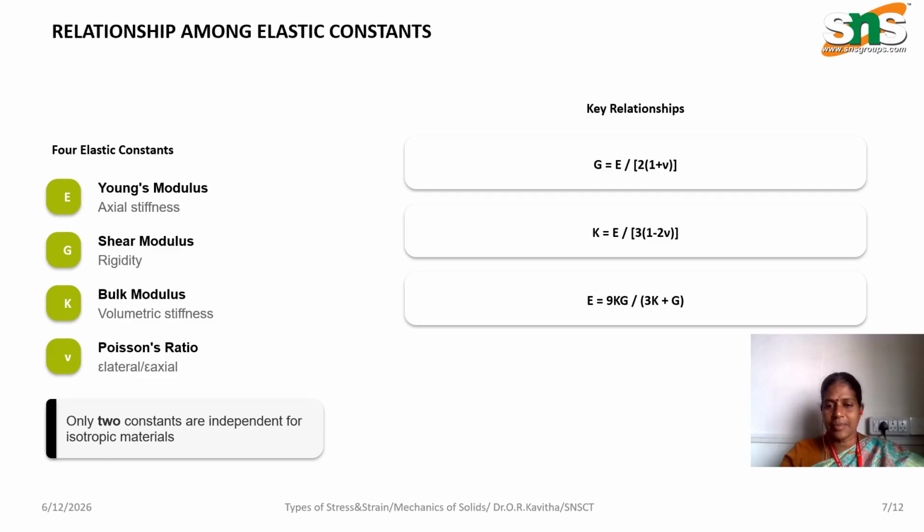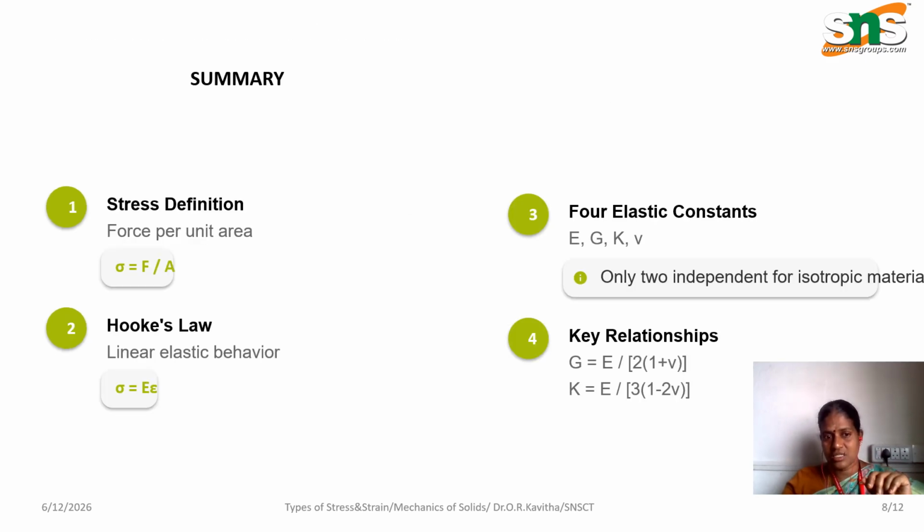And for the bulk modulus and the Young's modulus, the relation will be K equal to E divided by 3 into (1 minus 2 mu). And the relation between the bulk modulus and the rigidity modulus will be different.